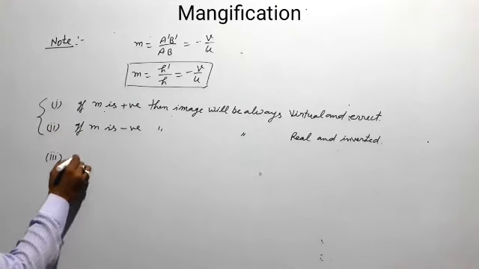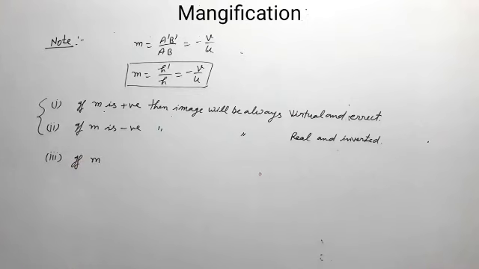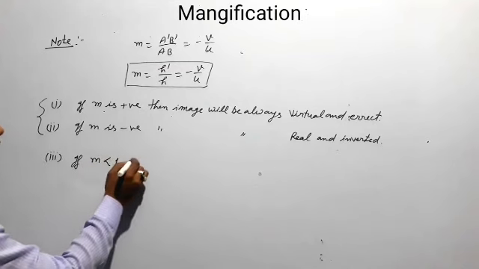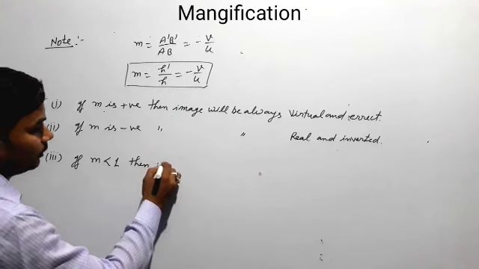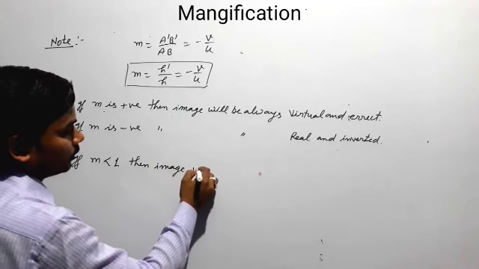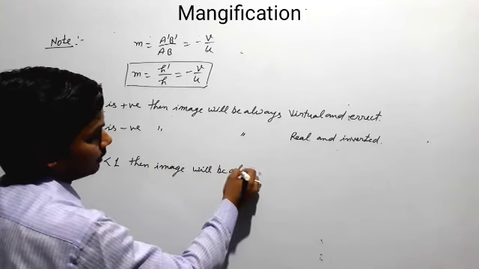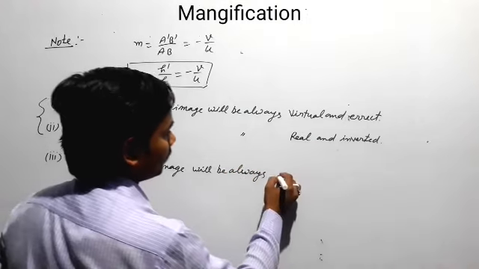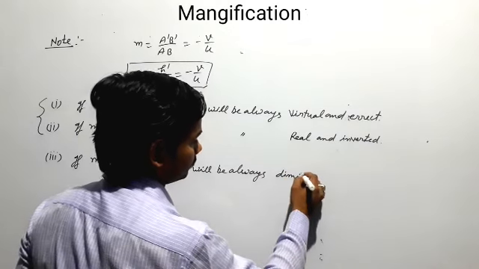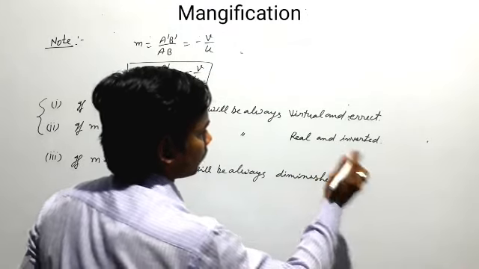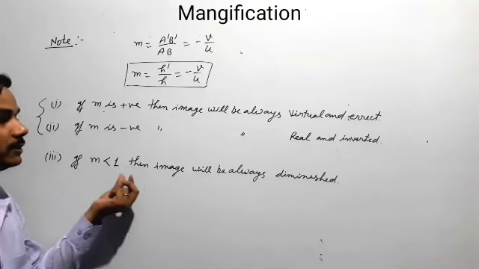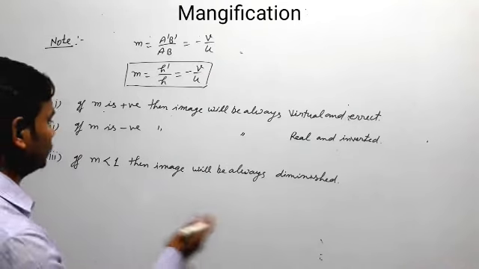Third point, if the numerical value of magnification is less than 1, then the image will always be diminished, smaller than the object.